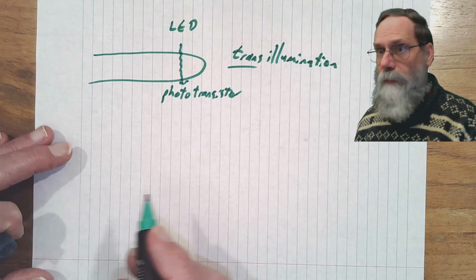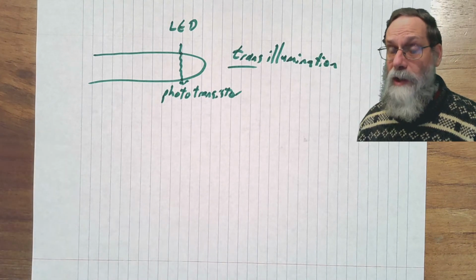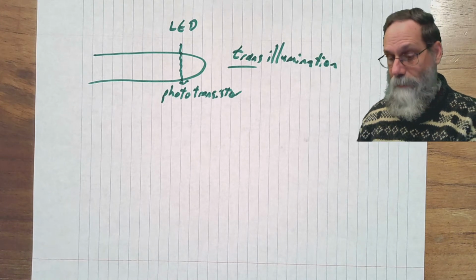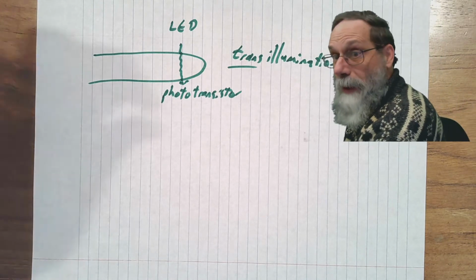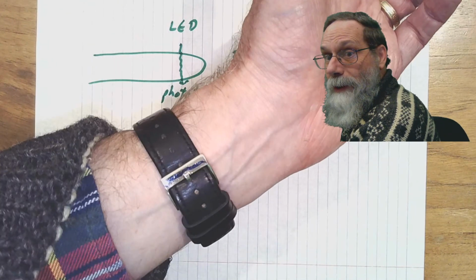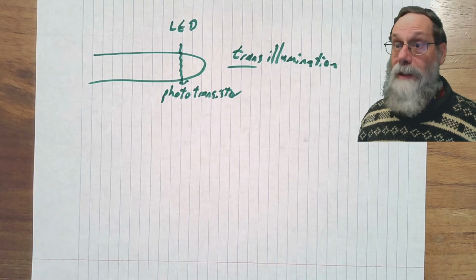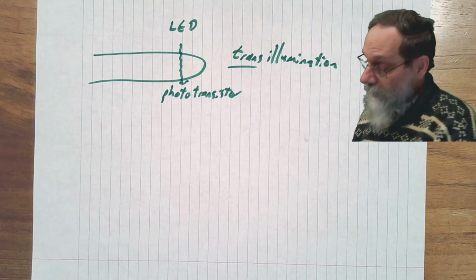The wristwatch, however, didn't shine light through the entire wrist. On this side there's just a buckle. There's no detector on that side. Both the light and the detector are on the same side.